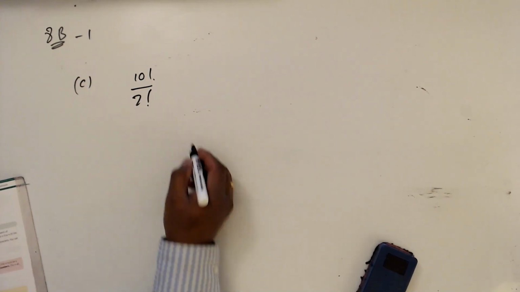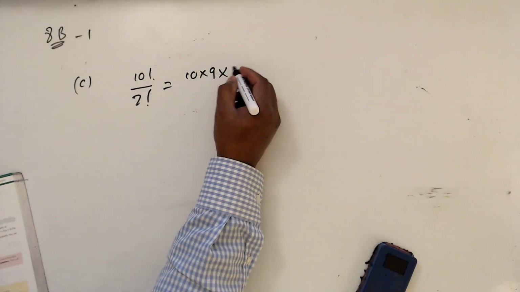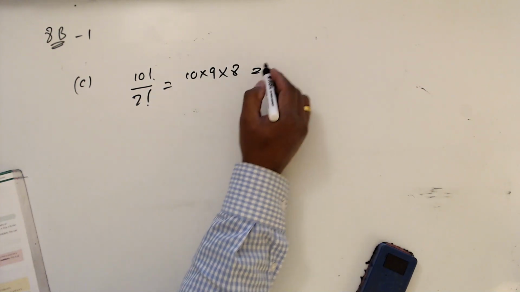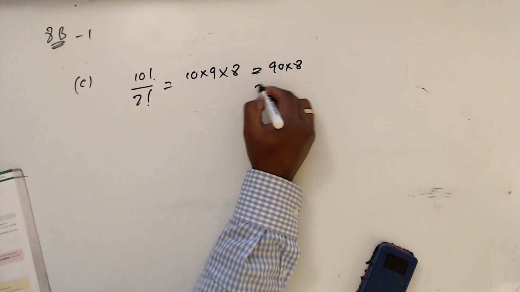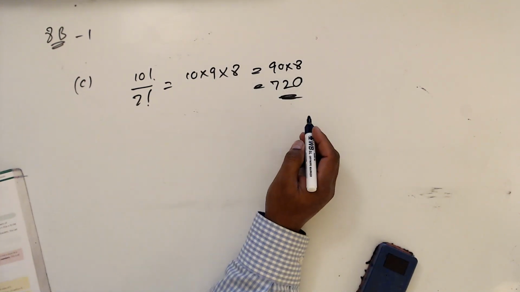Factorial 10 over factorial 7. The answer should be 10 times 9 times 8, which is 90 times 8, 720.